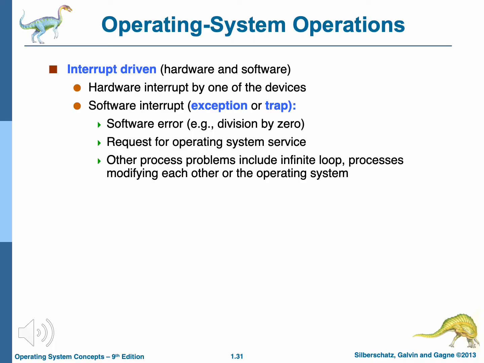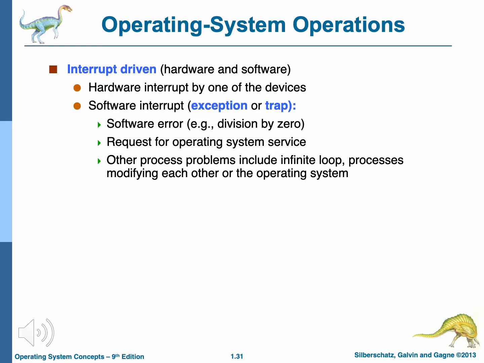The interrupt-driven nature of an operating system defines that system's general structure. For each type of interrupt, separate segments of code in the operating system determine what action should be taken. An interrupt service routine is provided to deal with the interrupt.